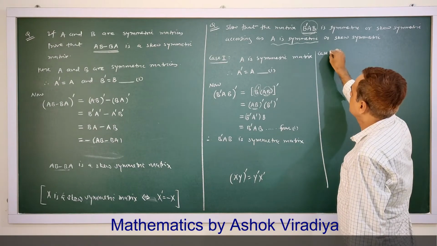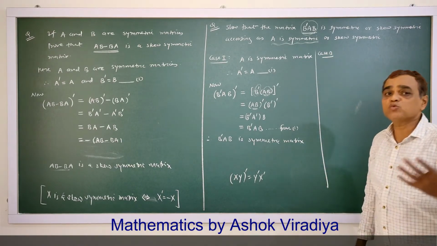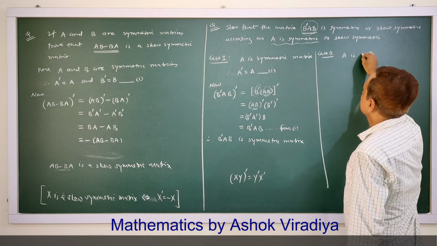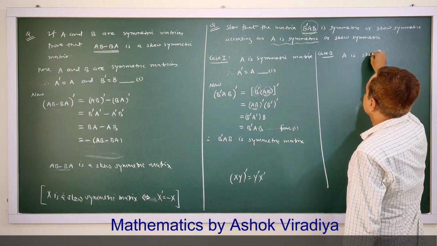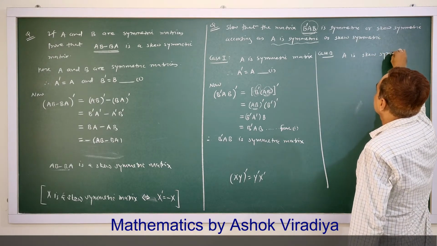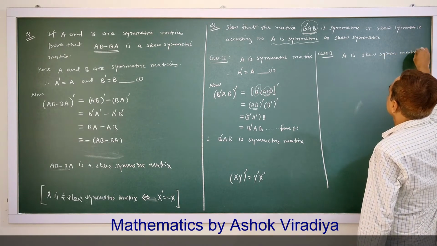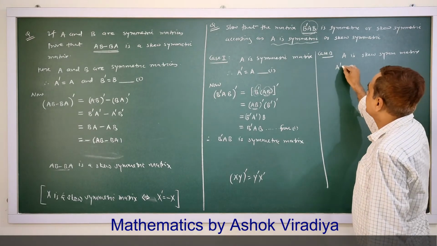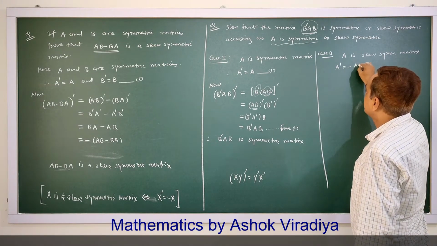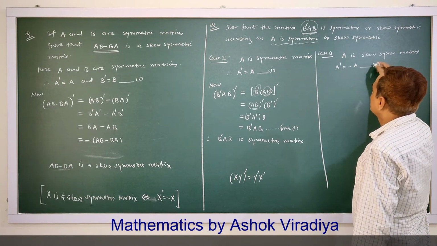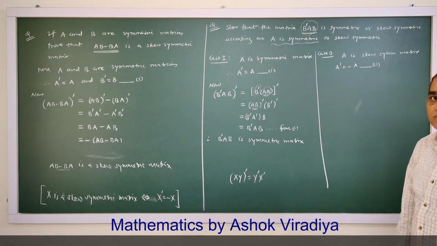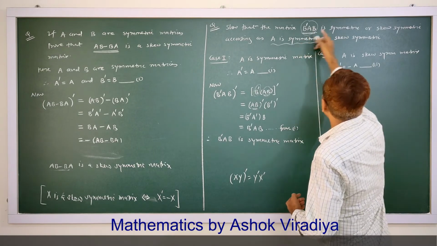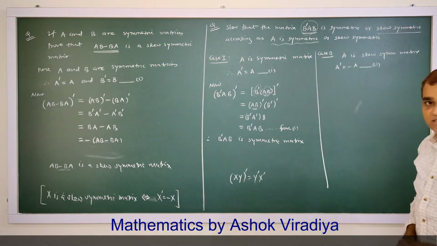Case 2. If A is a skew symmetric matrix, then its transpose is equal to its additive inverse. We will use this result. We want to show that this will also be skew symmetric.